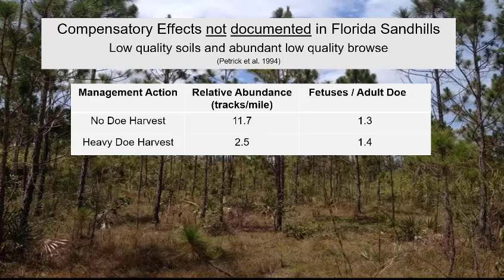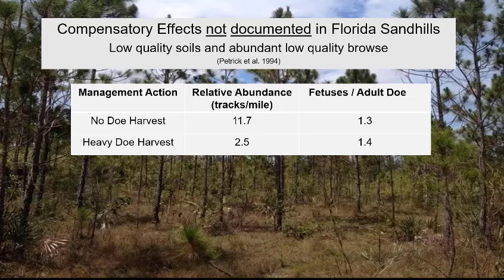Looking at the reproductive success, you would expect, given compensatory effects of density-dependent regulation, if you greatly decrease the deer population, you should have an improvement in the quality of the vegetation, the quality of the habitat. You have greater health of the does, and they're going to respond with an increased reproductive success. In this particular case, there wasn't. There was no increase in the number of fetuses per adult doe.